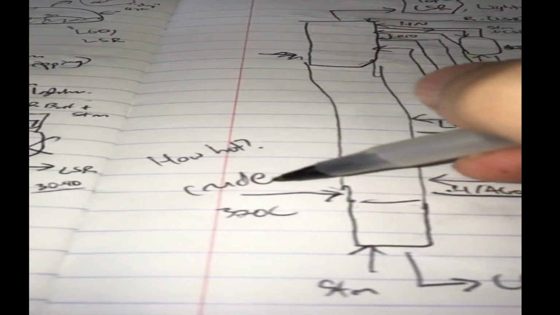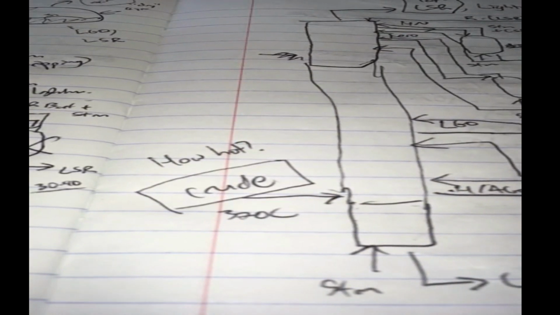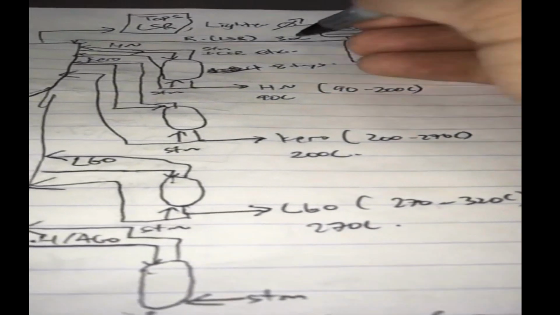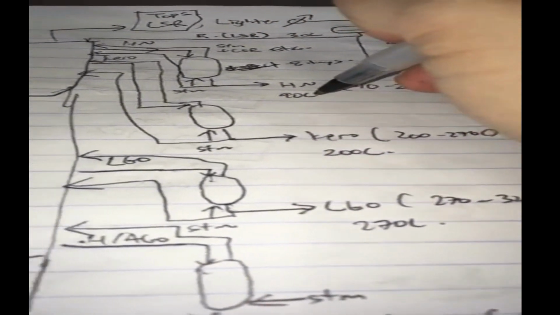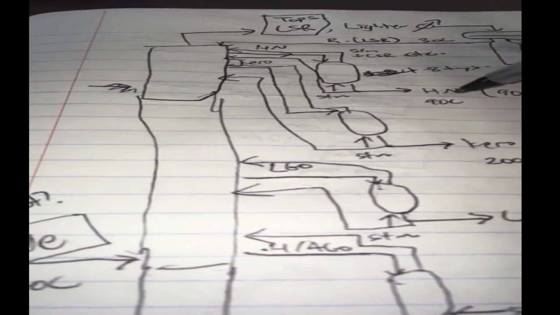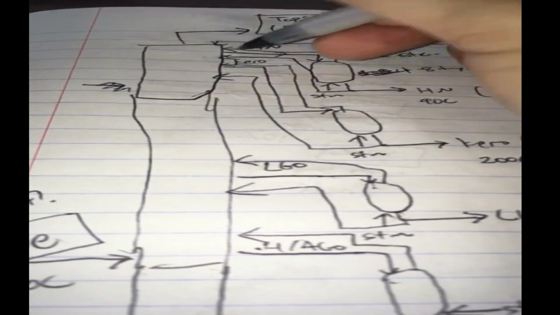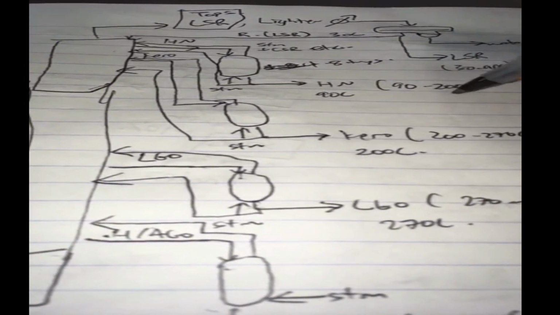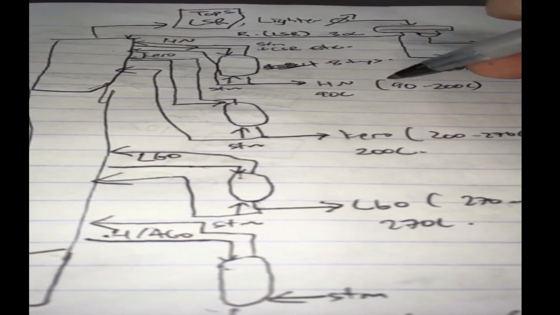I can actually use crude. My incoming crude will be at 30 degrees C. 30 degrees C crude can cool down this heavy naphtha so that I don't need to use cooling water. I can cool down this heavy naphtha, I can send back. It will come out at about 150 or 140.